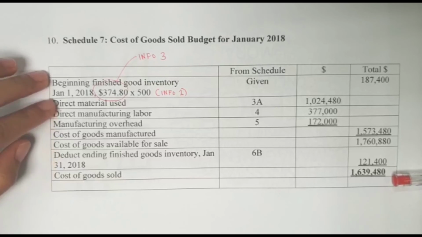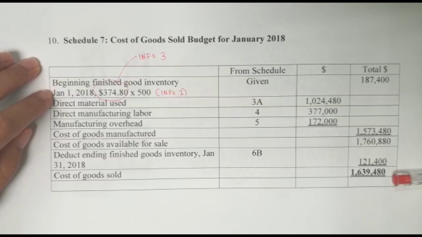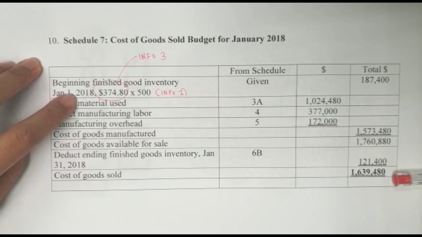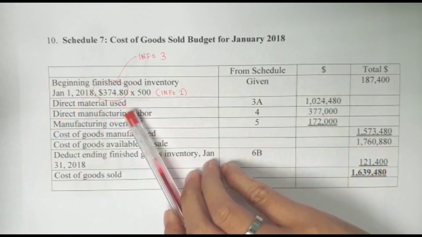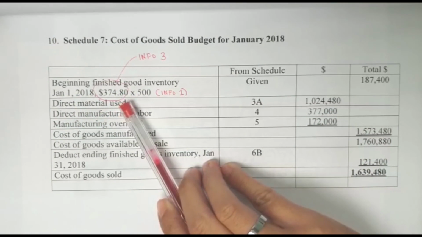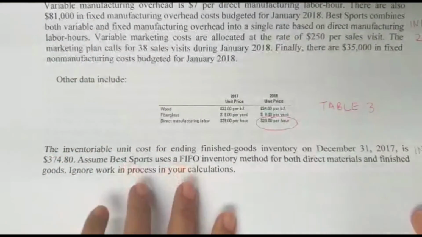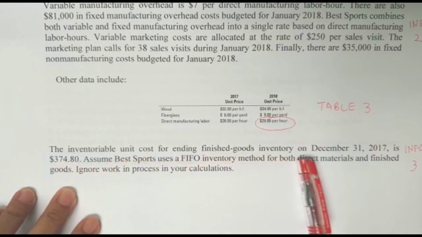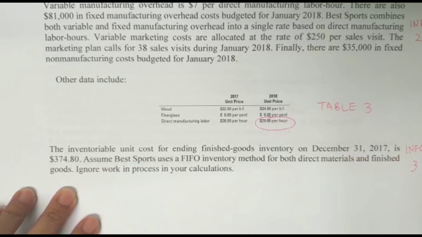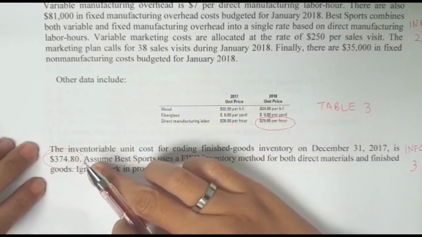Only then can we get the cost of goods sold of 1,639,480. Now allow me to explain it in greater detail. The beginning finished good inventory as per January 1, 2018, this figure 374.80, is actually given in information 3. Where is information 3? Here it is. The inventoriable unit cost for ending finished good inventory on 31st December 2017 is 374.80.